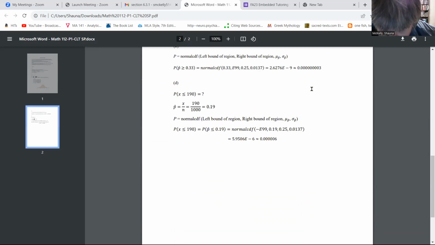Here, you need to find the sample proportion first. 190 is the most, so the X value, the number of people who shop, is less than 190. P hat is X over N, 190 over 1,000, that comes out to 0.19. I'm doing less than 0.19.